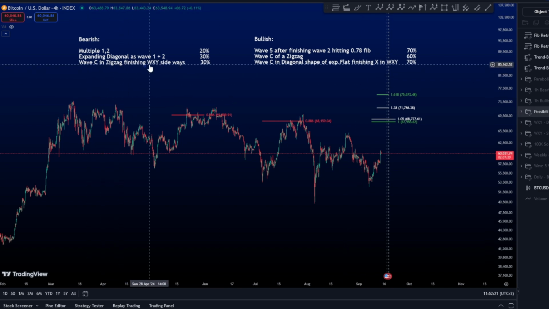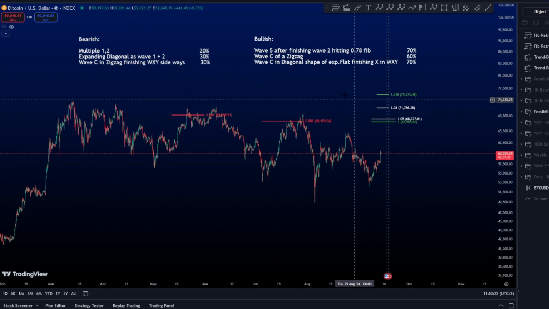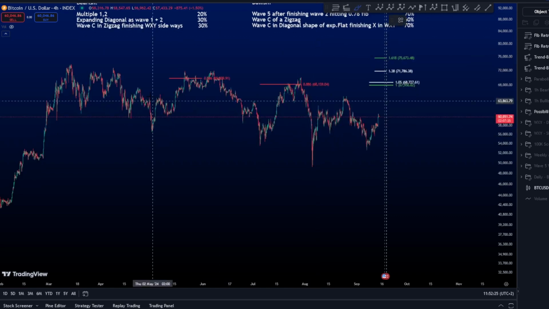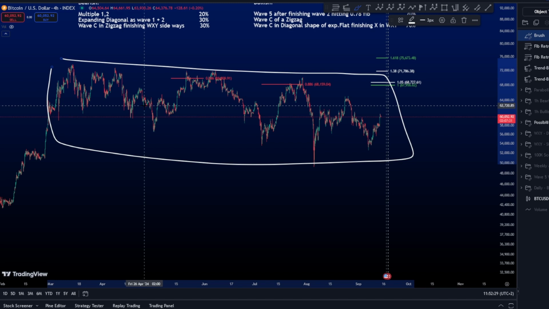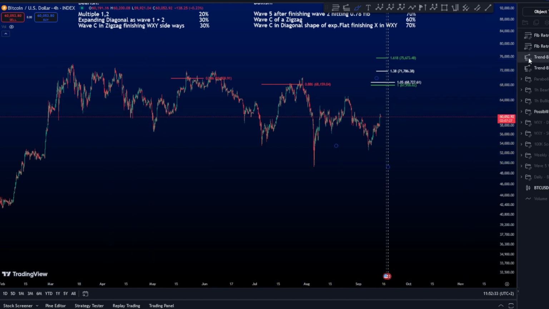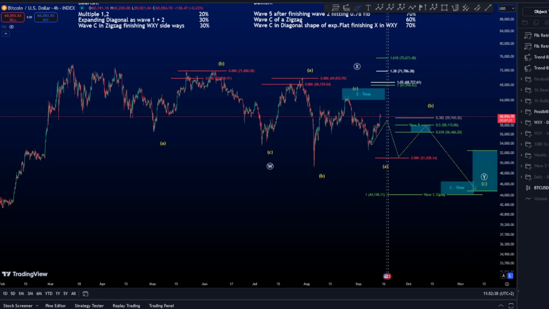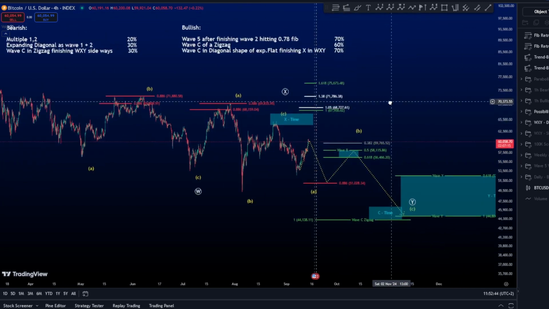Now wave C is a zigzag finishing WXY. What we are looking at here definitely is a complex correction structure, which is WXY. Now, what I mean with this is that we might see a double zigzag WXY towards the downside, especially after this move of this week, right?